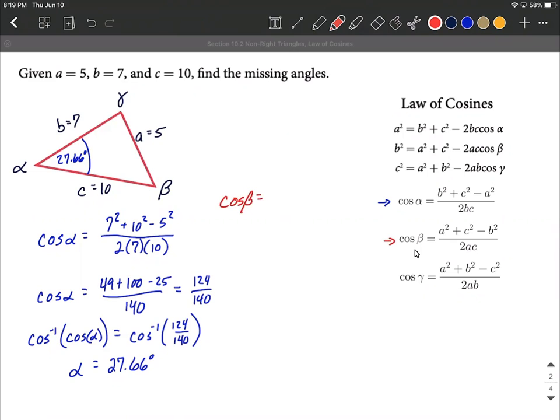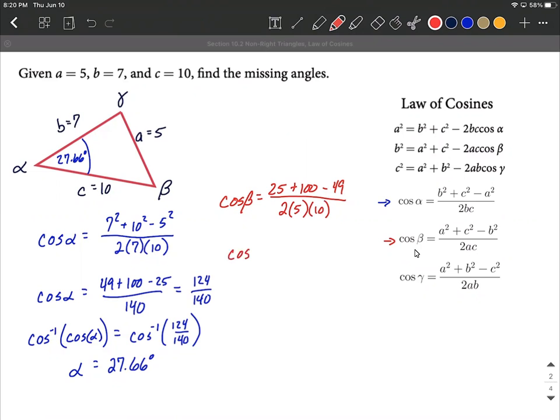So cosine of beta is going to equal a squared. So 5 squared, you okay with me saying 25, plus c squared, 10 squared is 100, minus b squared, 7 squared is 49, over 2 times a times c.